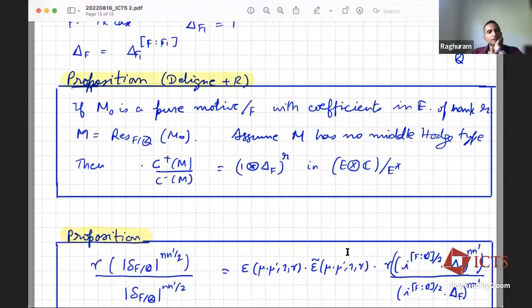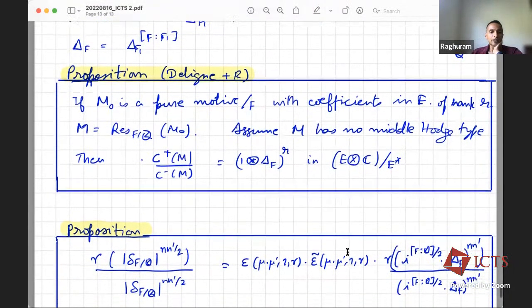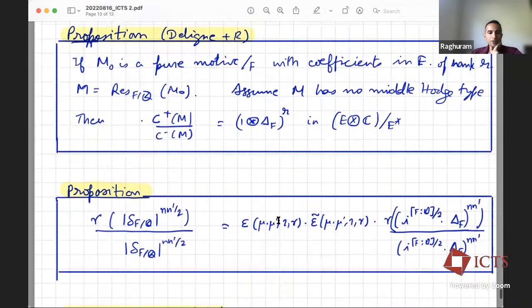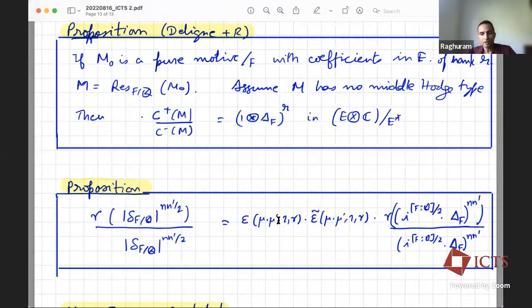And then the question becomes, well, is my theorem compatible with Deligne's conjecture? Then here comes a proposition which is an equality of signatures. I didn't tell you the epsilon and epsilon tilde. I'll just go back. Here's what I found.